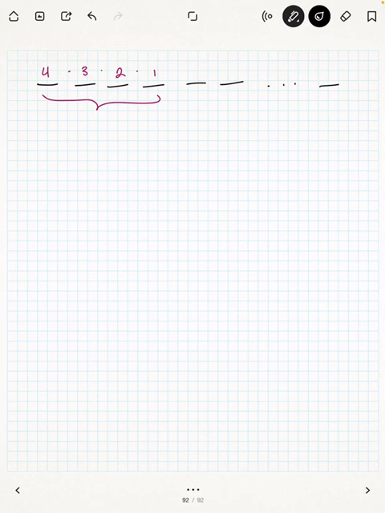If 4 are selected, then 3, then 2, then 1, the next spot we can only pick from the rest of them, which would be 48.